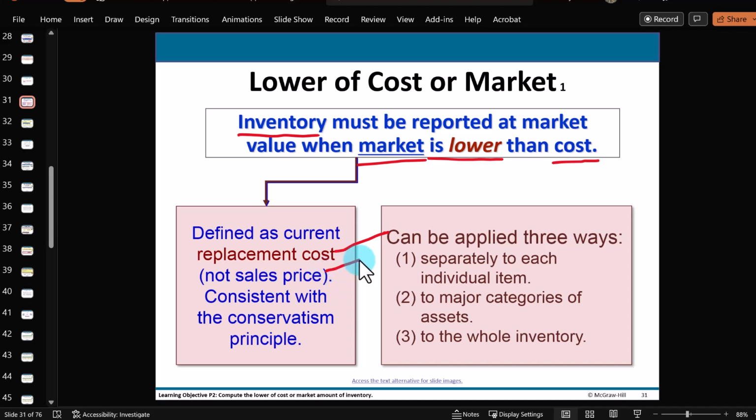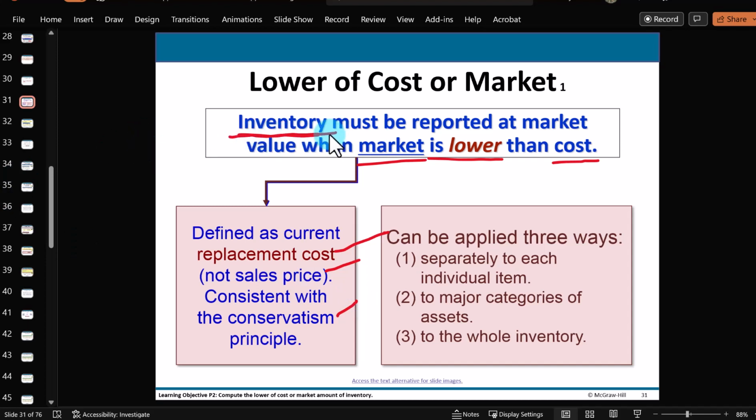The reason why we're doing this reduction in the value of your inventory is to be something called conservative. Now, we're not talking politics here, conservatives and liberals. Conservative in terms of accounting means you do not want to overstate your asset, in this case, the inventory asset.